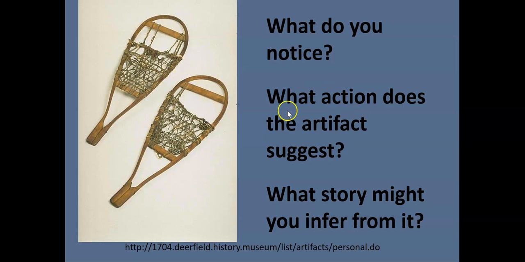And then what action does it suggest? What would someone be doing if they were using this artifact? What time of year would it be? What story might you infer from the use of this artifact? Why might someone need to be using this particular artifact? So I'd like you to stop and think about that and discuss that a bit.